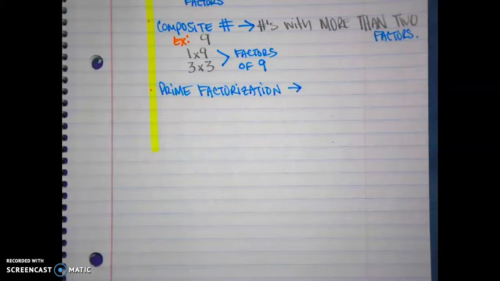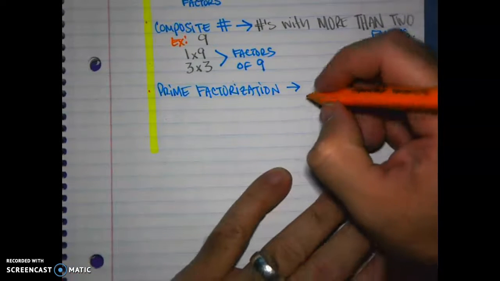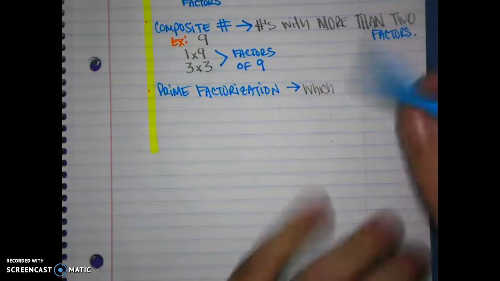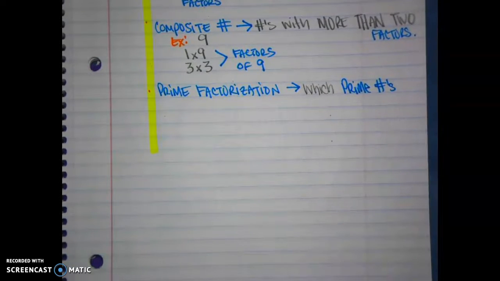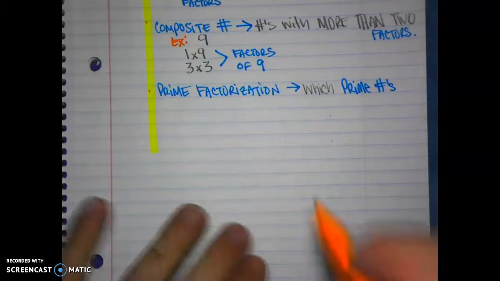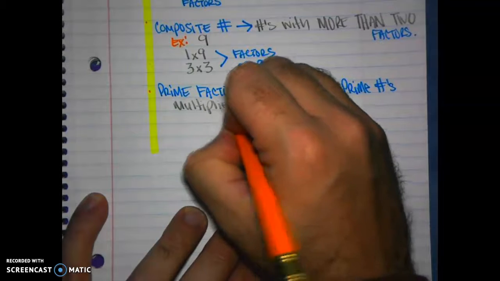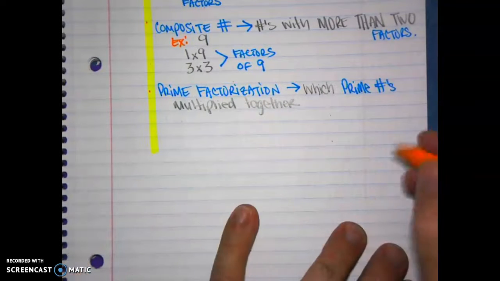So prime factorization is how we find which prime numbers multiplied together give you the original number.